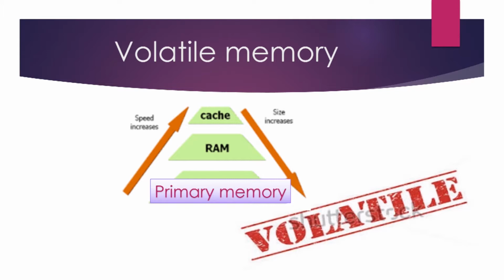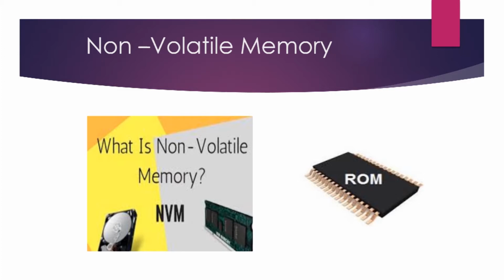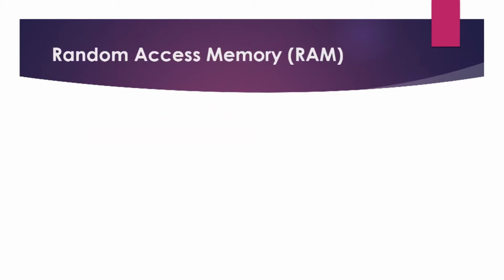RAM and cache fall under the category of volatile memory. Memory is said to be volatile if the data written on it is lost on power failure or when the machine or PC shuts down. On the other hand, ROM is non-volatile in nature and stores data permanently even when the system is switched off. Let's talk about random access memory, RAM.